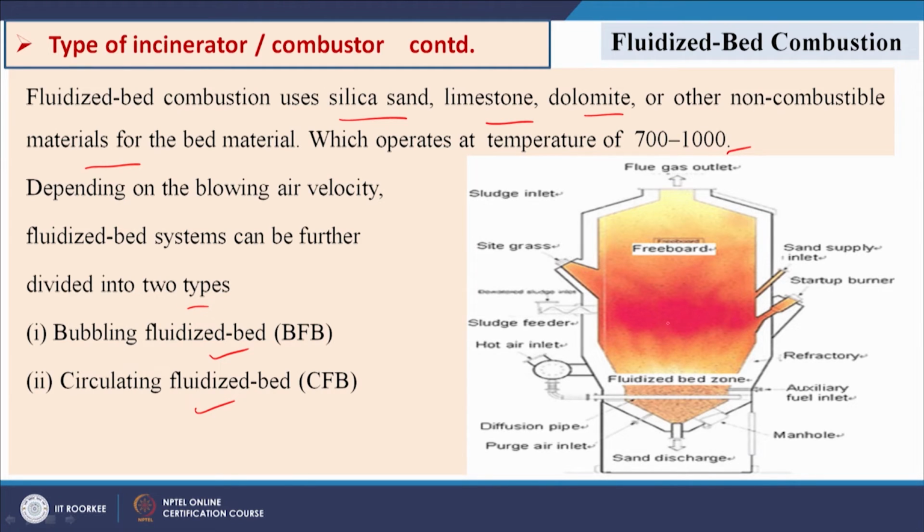If we provide more velocity, more particles will be coming out and those will be separated in a particulate separator unit like say cyclone separators, bag filters etc., and then those will be recycled. Otherwise, if we can control the flow of the air stream, then that will be called a bubbling fluidized bed.